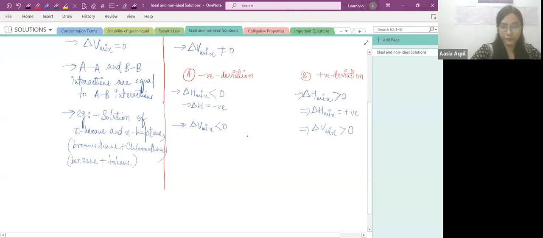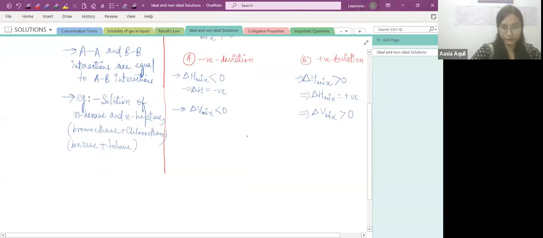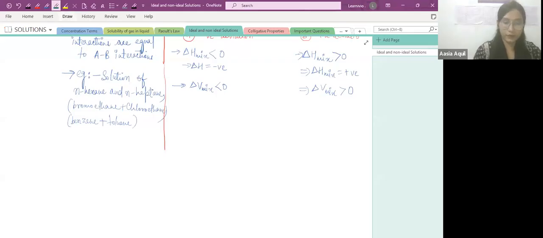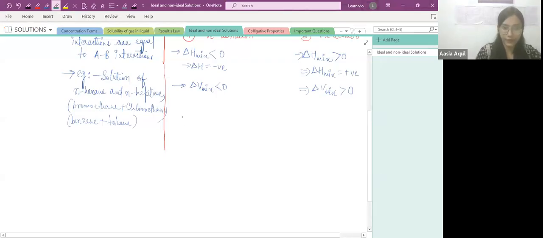See the graph of this. In the negative one, the mole fraction is on the x-axis and vapor pressure is on the y-axis.